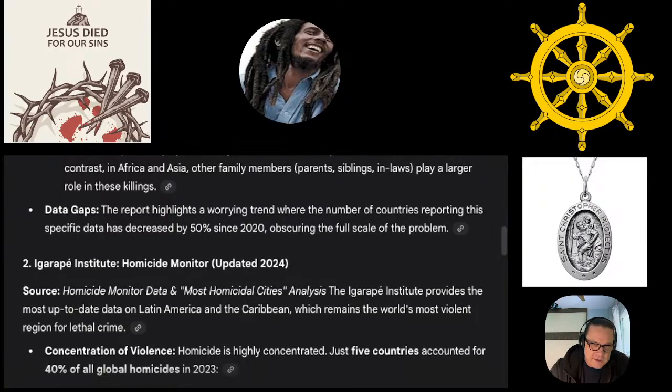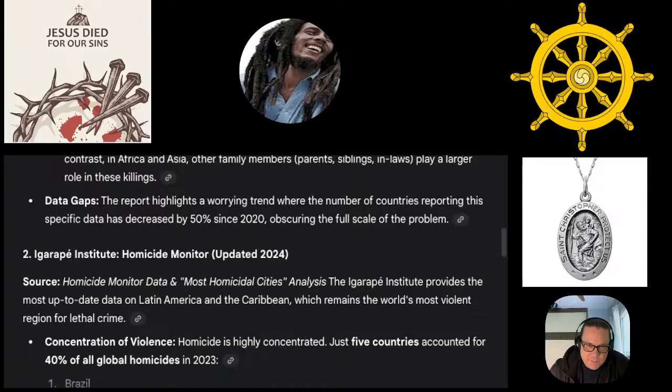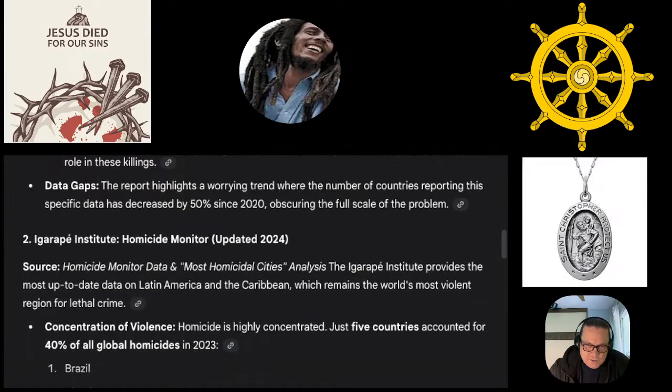So let's go to the Igarape Institute Homicide Monitor, updated in 2024. Source: Homicide Monitor data and most homicide cities analysis. The Igarape Institute provides the most up-to-date data on Latin America and the Caribbean, which remains the world's most violent region for lethal crime.